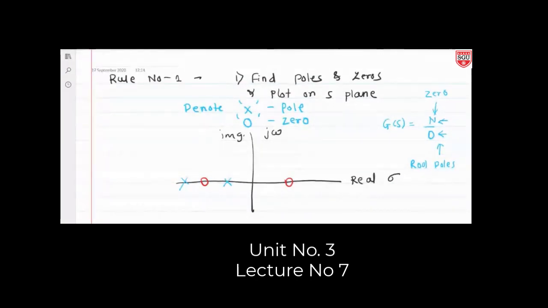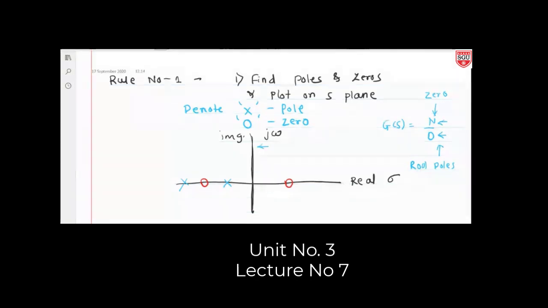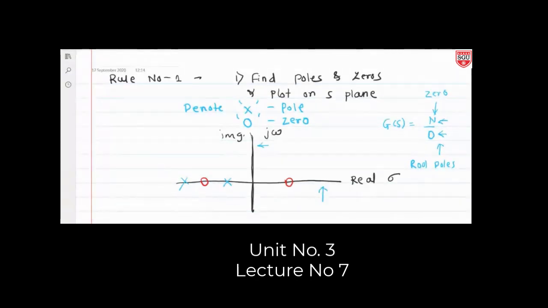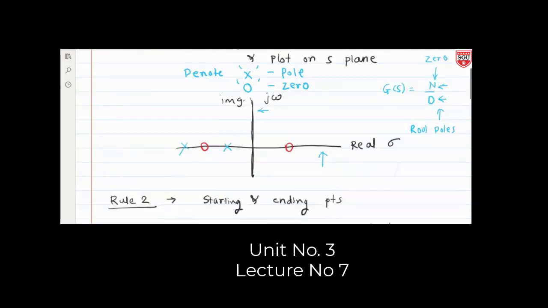Here the vertical axis is the imaginary axis, and this is the real axis. Depending upon the position of poles and zeros, we find their actual condition. That is the simple first rule.